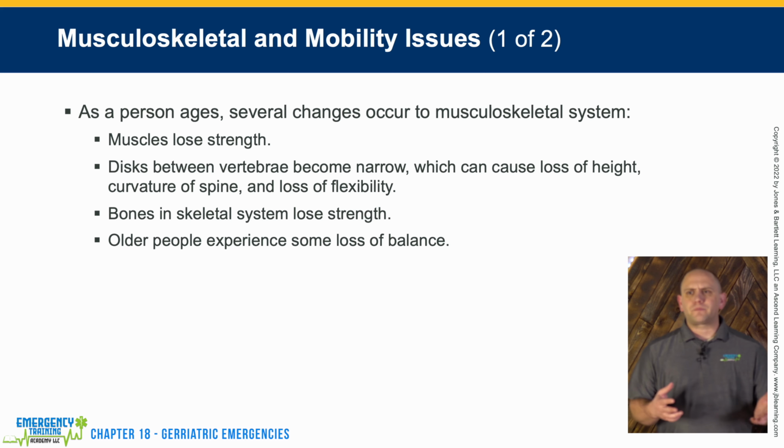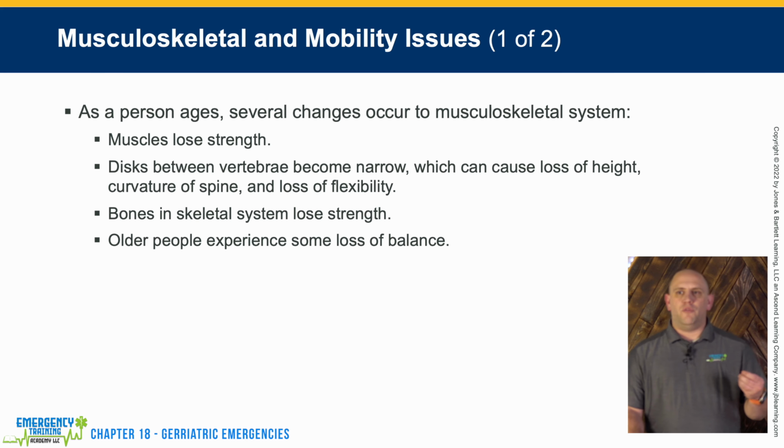As they lose this strength, you'll start to see that the discs in between the vertebrae will start to become narrowed and they'll start to lose height. This is all caused by those muscles that aren't holding the frame up as tightly as before, so everything starts to compact down a little bit. Their bones will start to lose some of their strength and become more brittle because of osteoporosis, where the bone density is decreased.